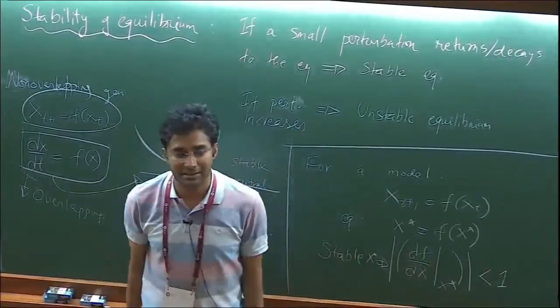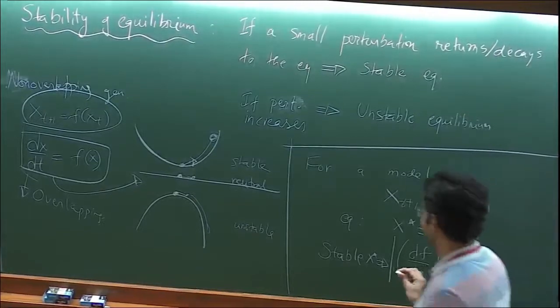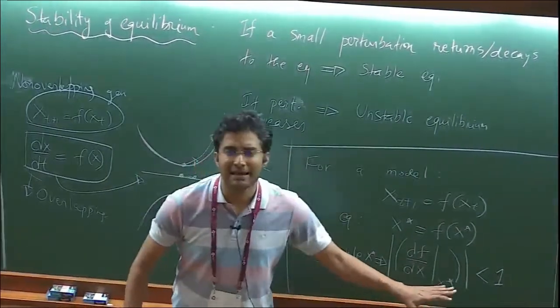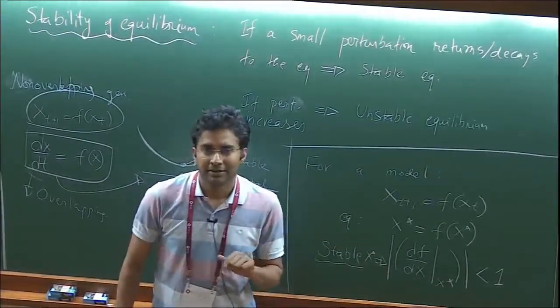I'm not going to do the derivation of this, but most textbooks will have this derivation. To be very precise, it is possible that this condition can be violated, but it can still be stable.